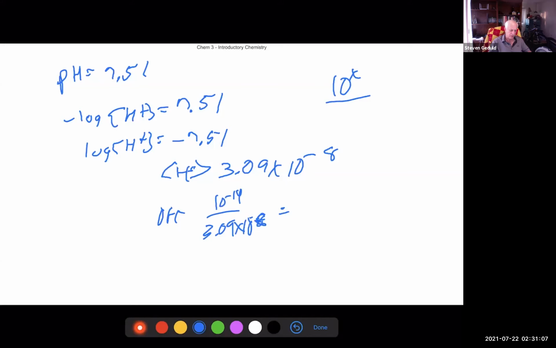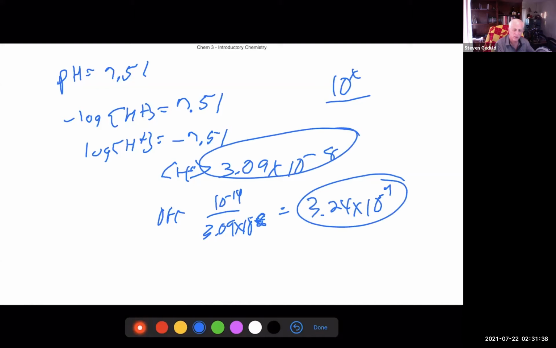So 10 to the minus 14 divided by 3.09 times 10 to the negative 8 equals 3.24 times 10 to the negative, I think it's 7, let's see. Yeah. So, perfect. So that takes care of those questions. That's your OH, that's your H.